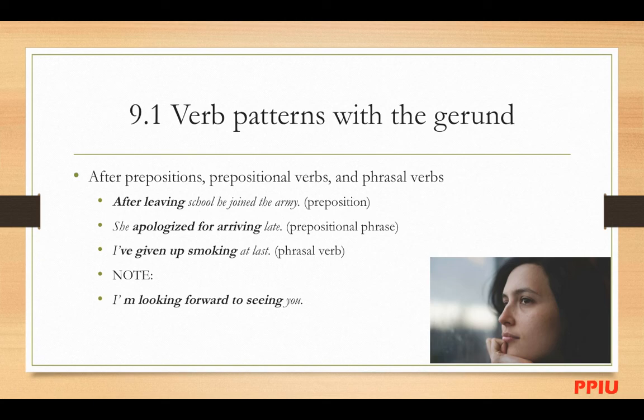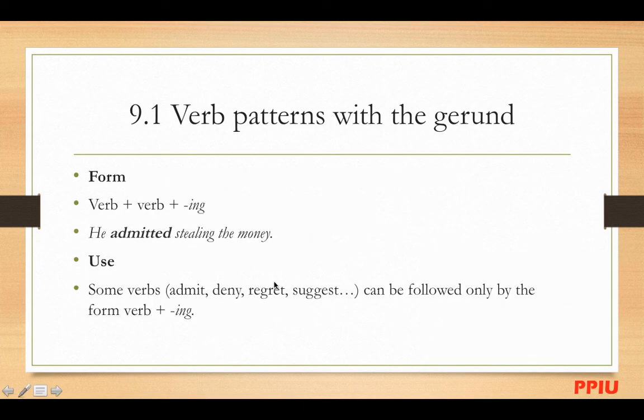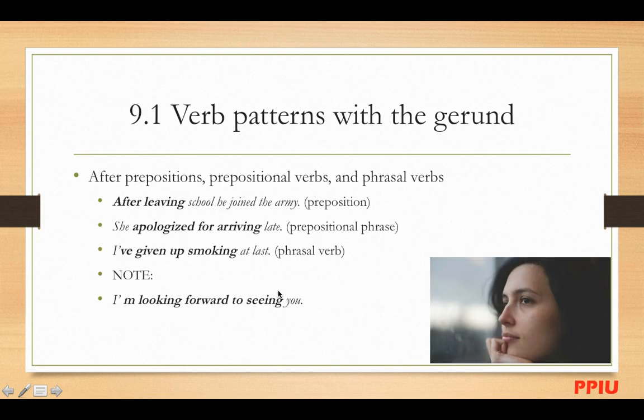So besides this group of verbs, we can also use gerund after certain types of verbs, after prepositional verbs and phrasal verbs. You can see the example in the slide. After leaving school, he joins the army. So you can see after the preposition after, leaving, we can use gerund.